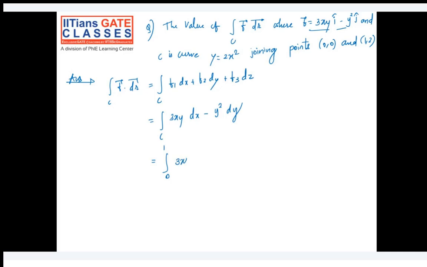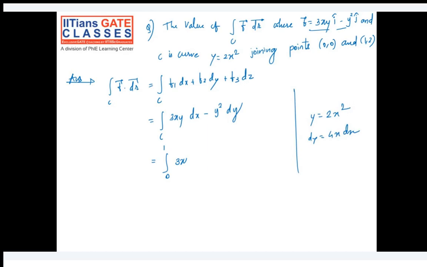If you put y is equal to 2x square, because the curve equation is y is equal to 2x square, dy will be 4x dx. So using this approach, I can write 3x into 2x square dx minus 2x square whole square into 4x dx.